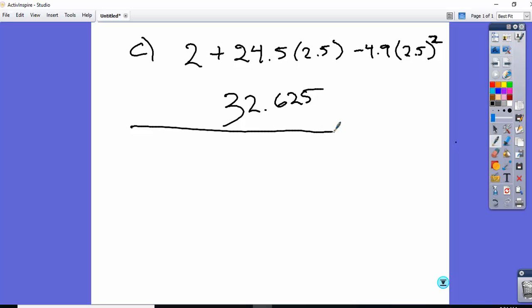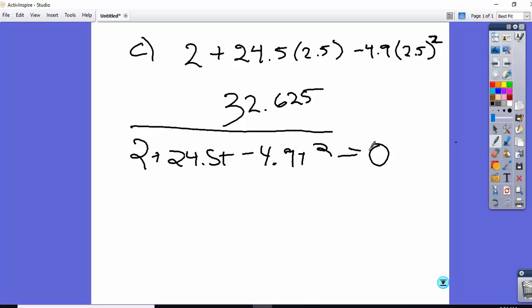And then for the next one, you just solve for t on the first thing. Solve for that, and you get 5.